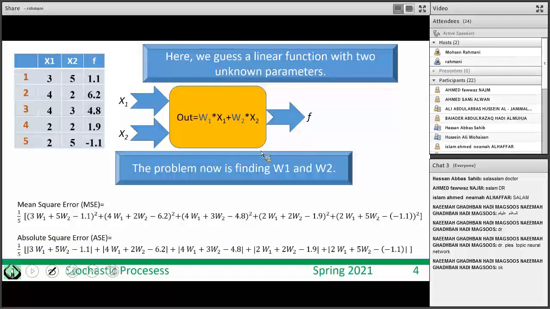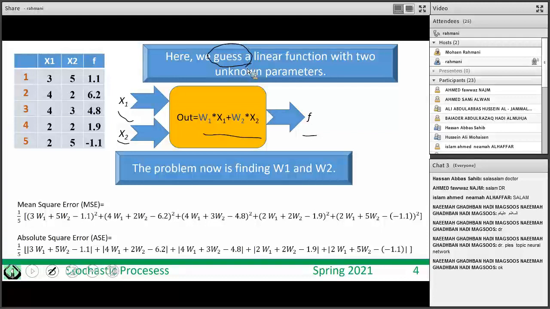One of the classical forms for finding the function between input and outputs is to guess a function. We guess a function for this. For example, we say that the output is a linear function of input.